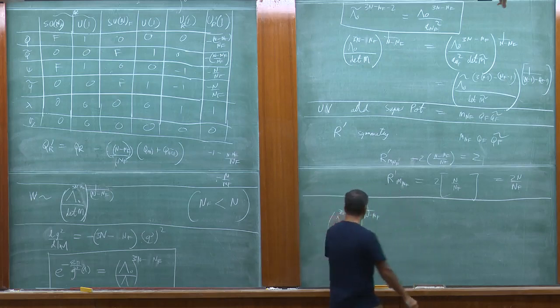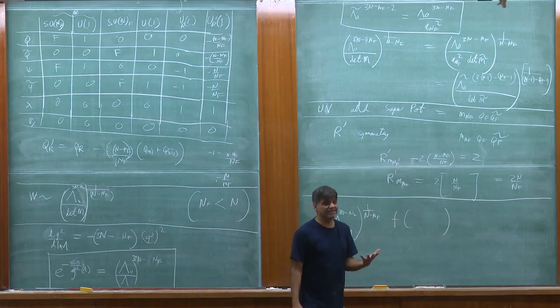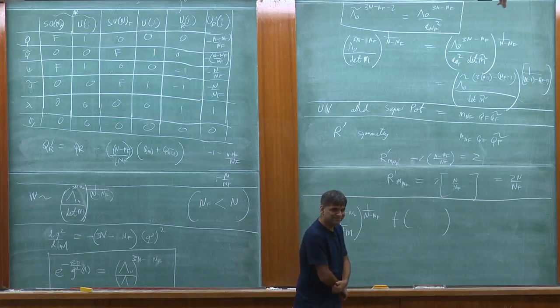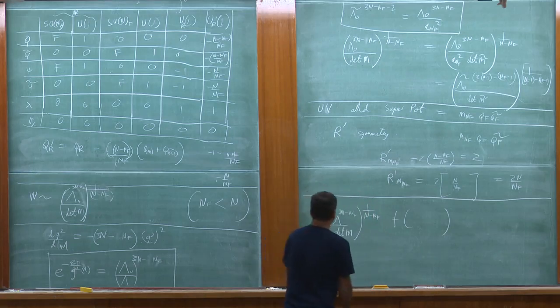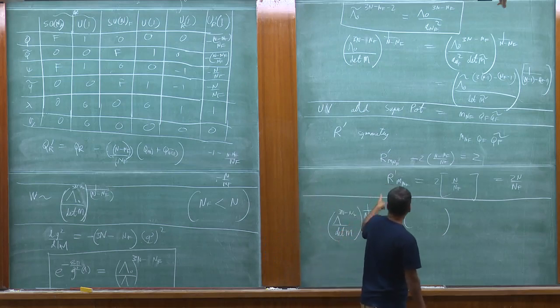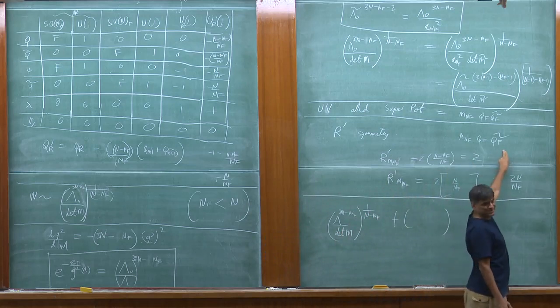So I've got this overall factor outside times a function of something. Now this thing, whatever it is, should carry R prime charge 0, because the R prime charge is already saturated in this. This guy carries R prime charge 2, and this whole combination carries R prime charge 2.